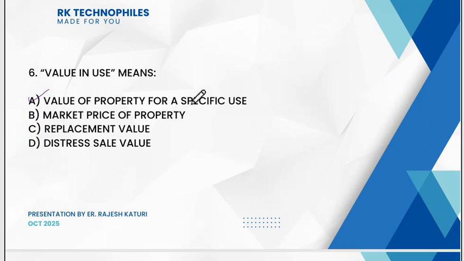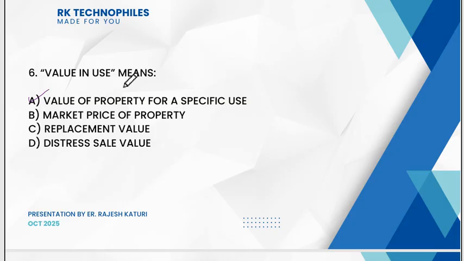So the value in use. Value in use means valuation of property for a specific use. The options are market price of the property, C is the replacement value, D is distressed sale value. So obviously the answer itself is telling that the first one is value of the property for a specific use. So the property is worth it to a specific user, not in the general market. Earlier, market value is for the open market.